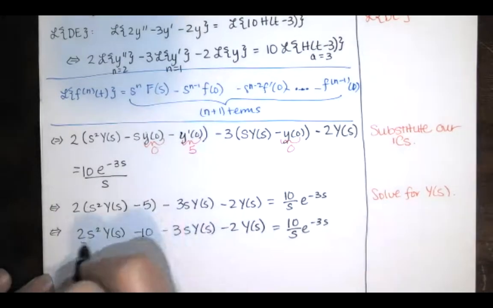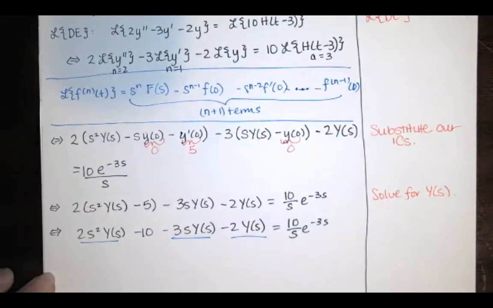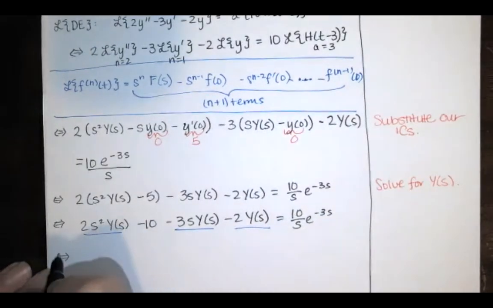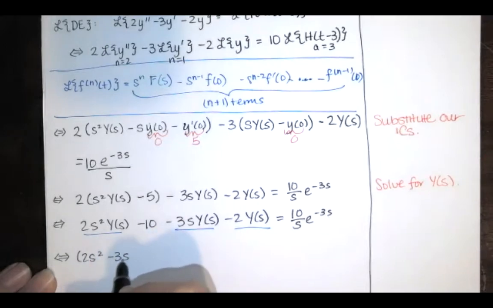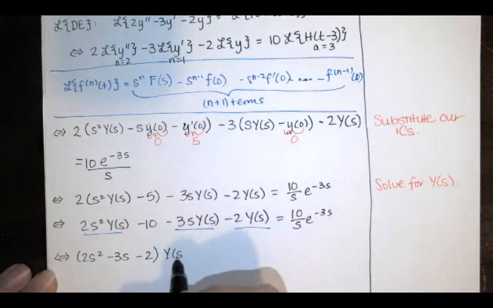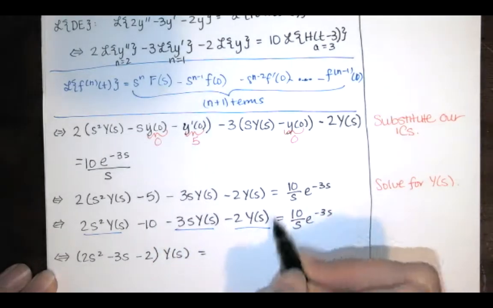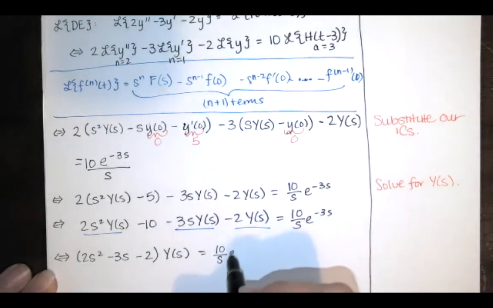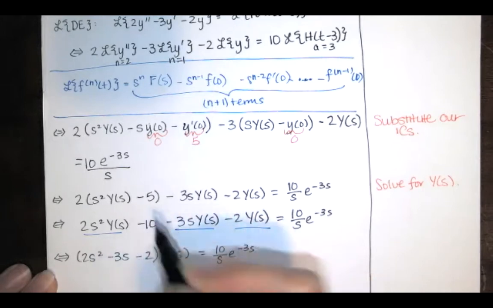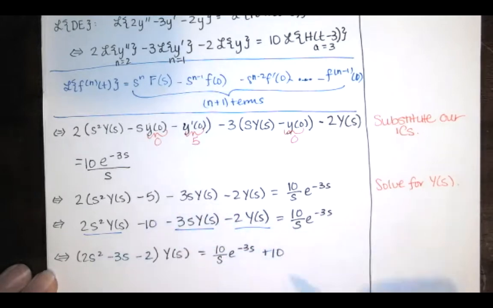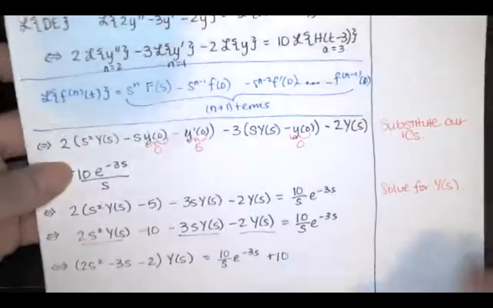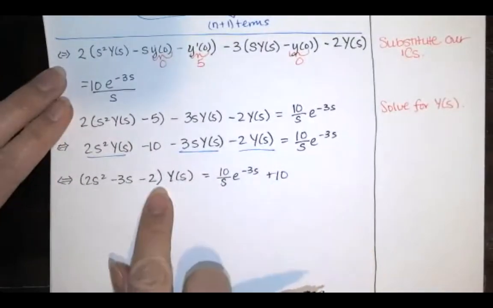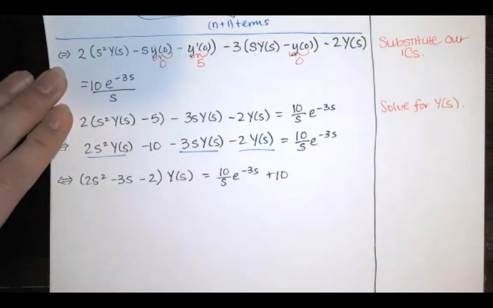So these guys all have a y of s in them. So that is 2s squared minus 3s minus 2 times y of s, and that equals this plus 10. I'm adding 10 to both sides. And of course, we can divide both sides by this in order to get y of s by itself.